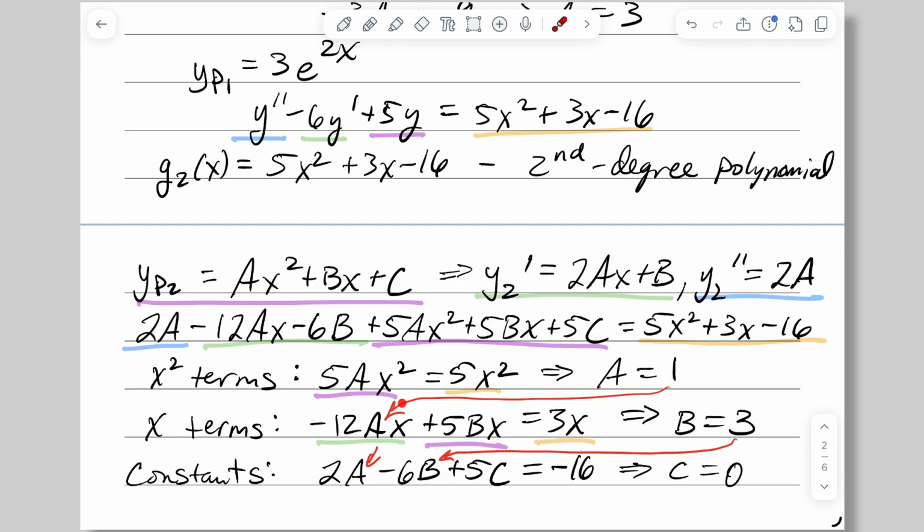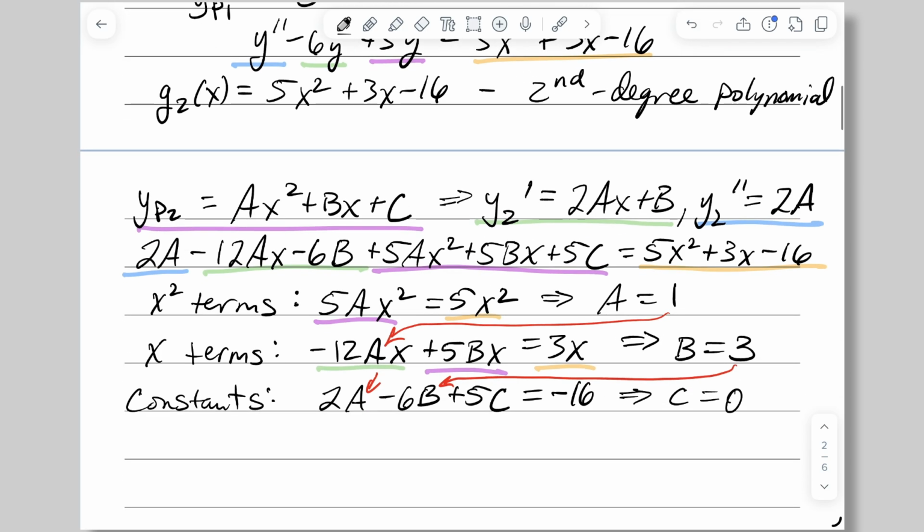Substituting 1 in place of a and solving, we get that b is equal to 3. And finally, for the constant terms, we have 2a minus 6b plus 5c is equal to negative 16. Again, since a is 1 and b is 3, we can solve and find that c is equal to 0.